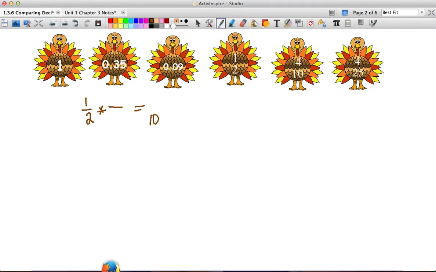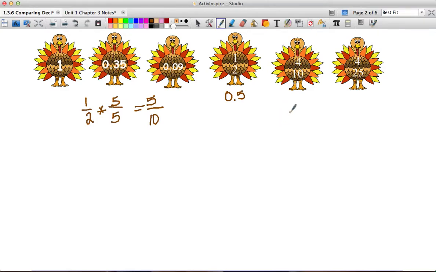And the reason that I want it to change to have a denominator of 10 is because we have a tenths place for decimals. So if I take 2 and I multiply it by 5 and multiply the top by 5, I get 5 tenths. So as a decimal, I know that 1 half is equal to 5 tenths.